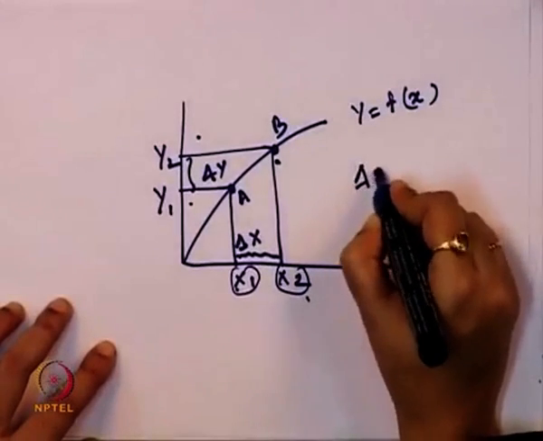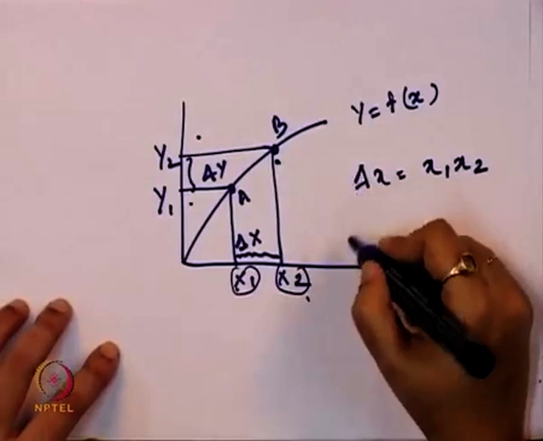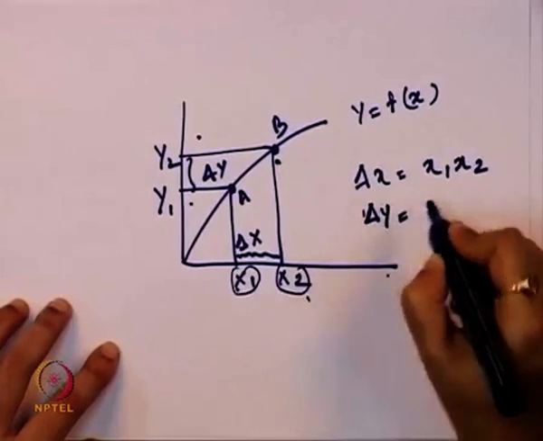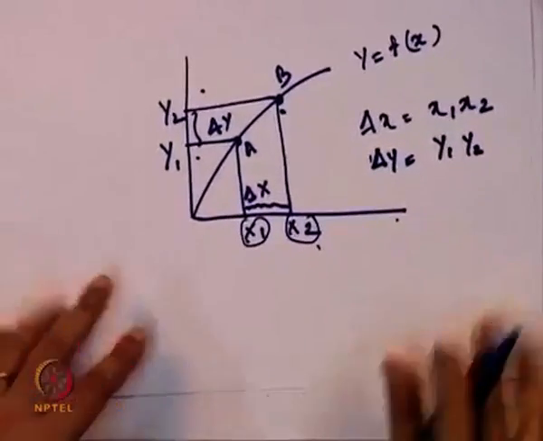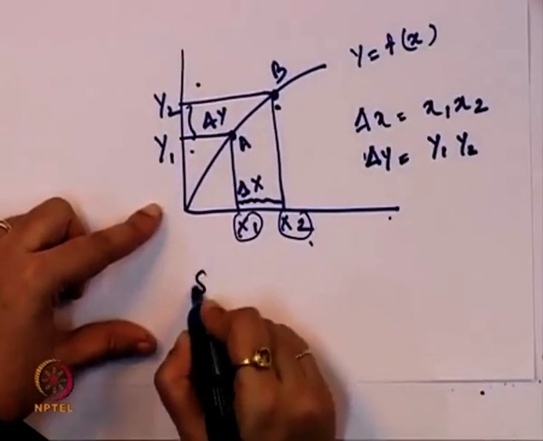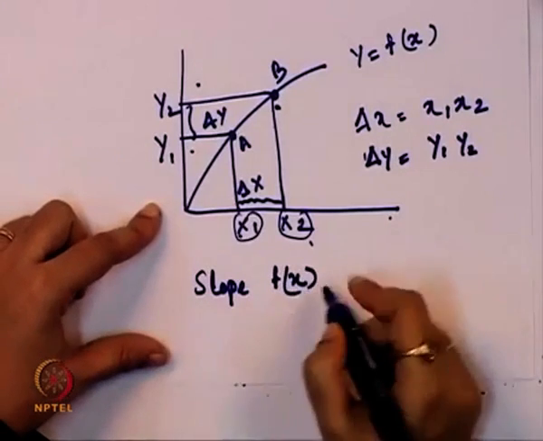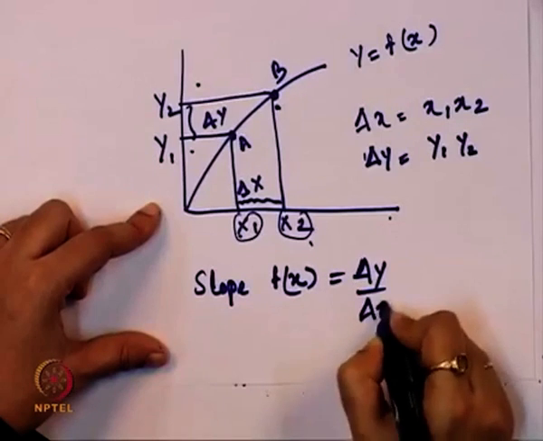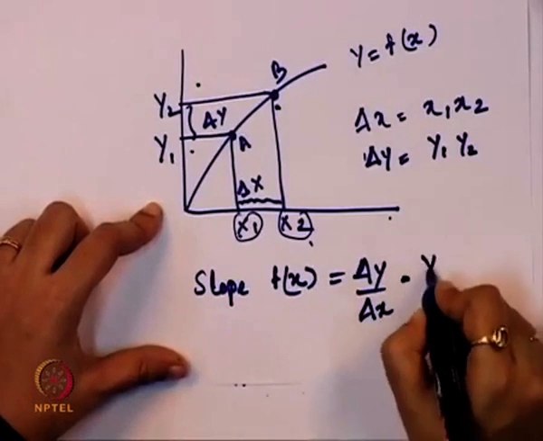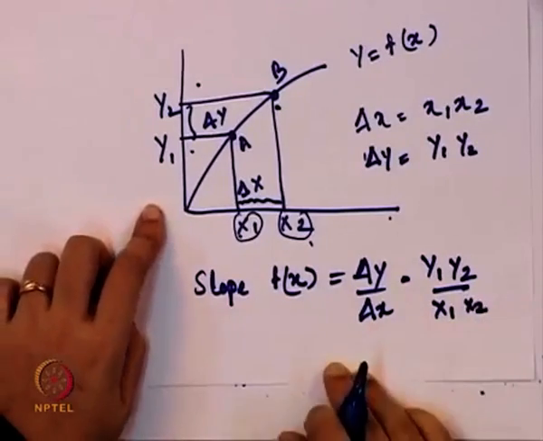Del x is x1 x2 and del y is y1 y2. How will we identify the slope of this function? So, the slope of this function is del y by del x, which is y1 y2 by x1 x2.